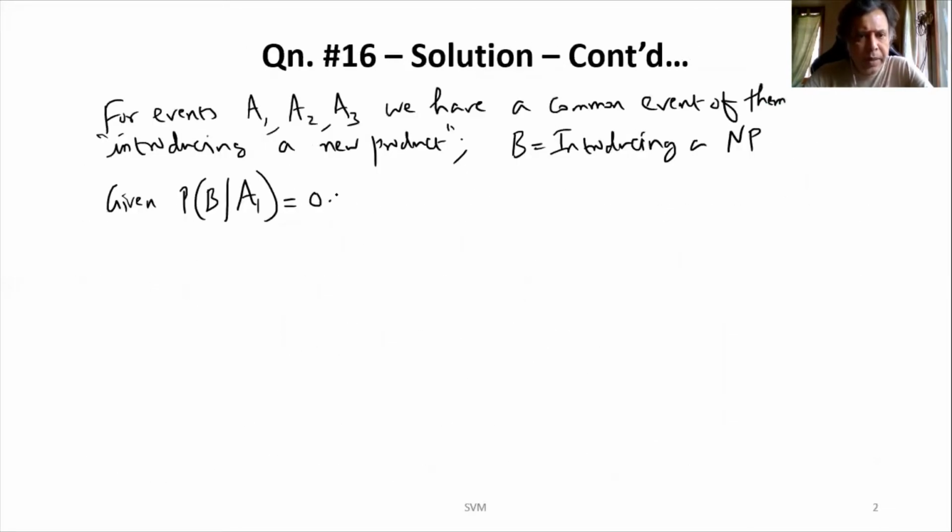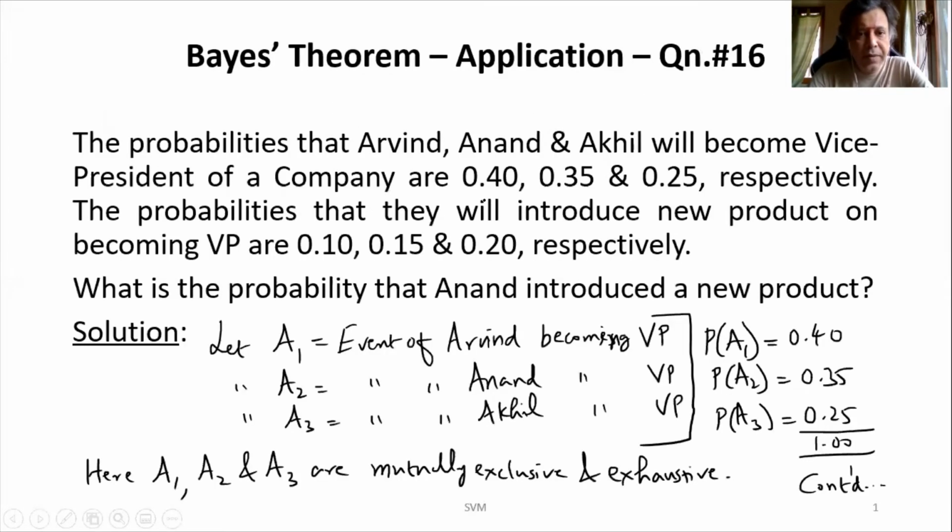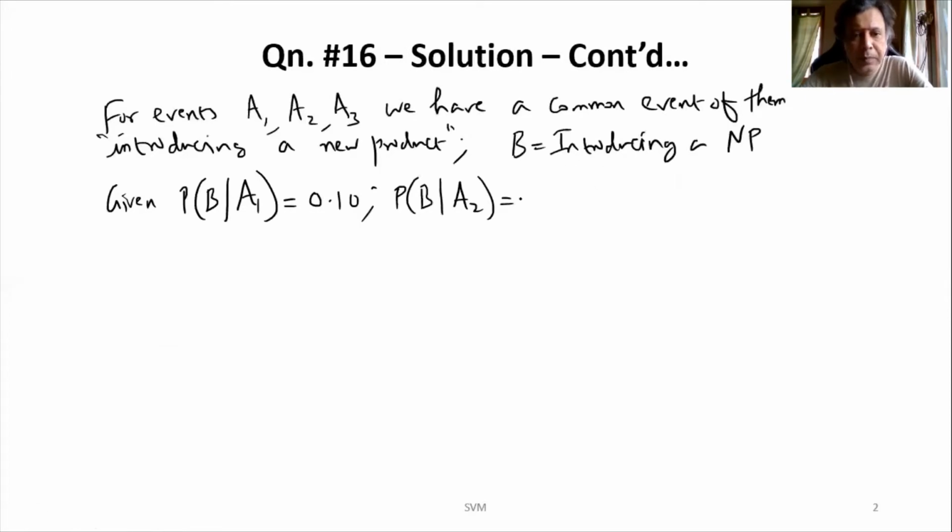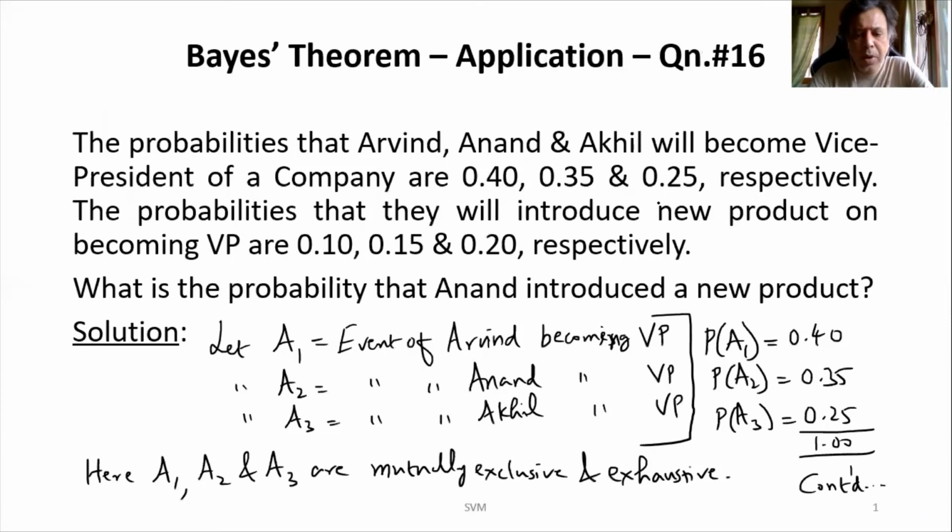So 0.1 means if this condition happens, what is the probability of this? That means if Arvind becomes a vice president, what is the probability of him introducing a new product? That is given. Then similarly, probability of B given A2 is given as 0.15. Then probability of B given A3 is also given as 0.2.